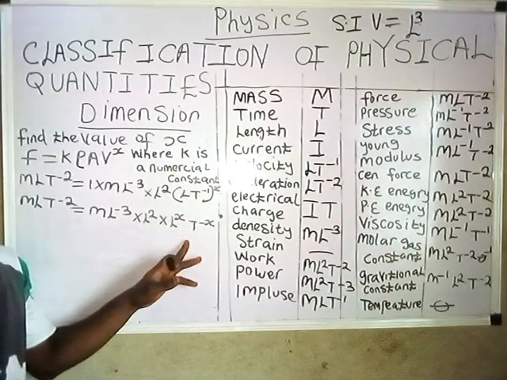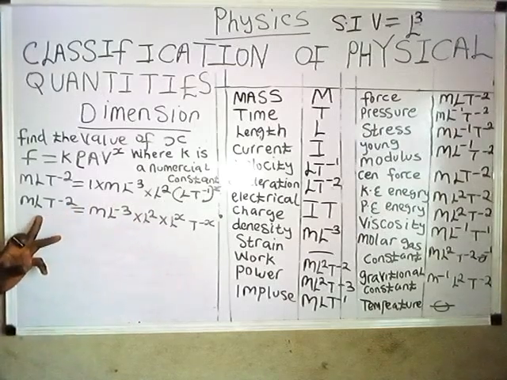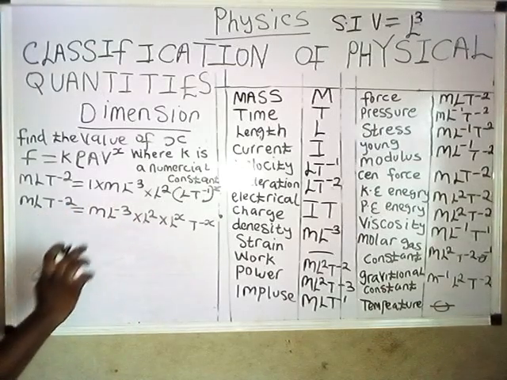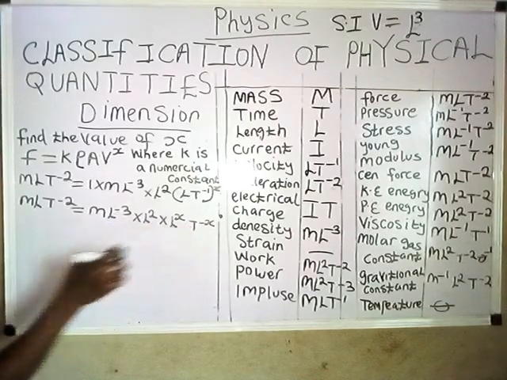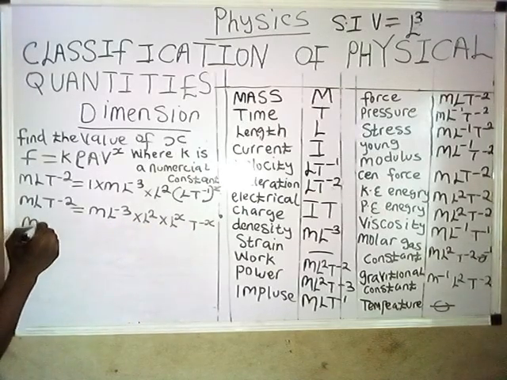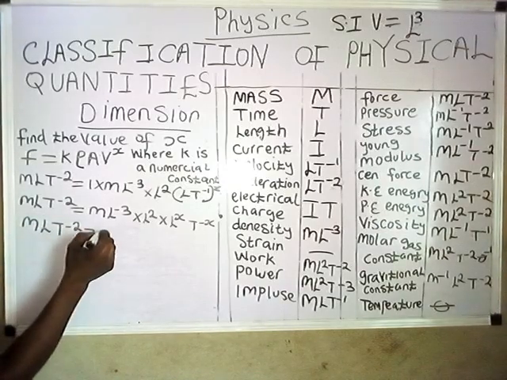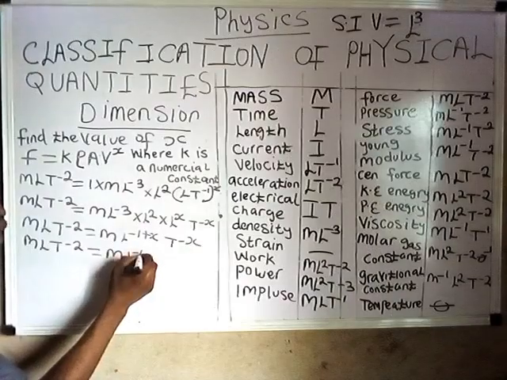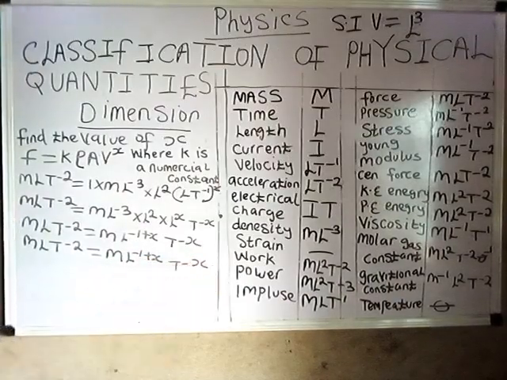For it to be dimensionally correct, this side must be equal to this side. So let's collect like terms. There's length here, there's length here. So we can say that M L T to the power of minus 2 will now be M L to the power of minus 1 plus x, T to the power of minus x.